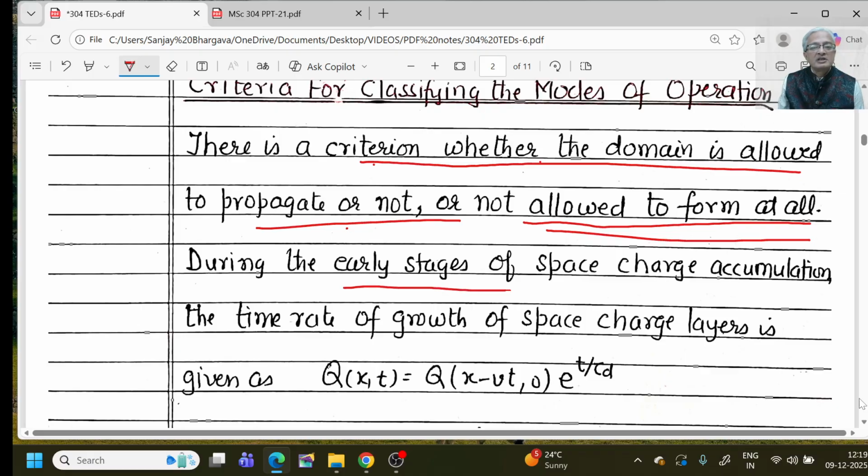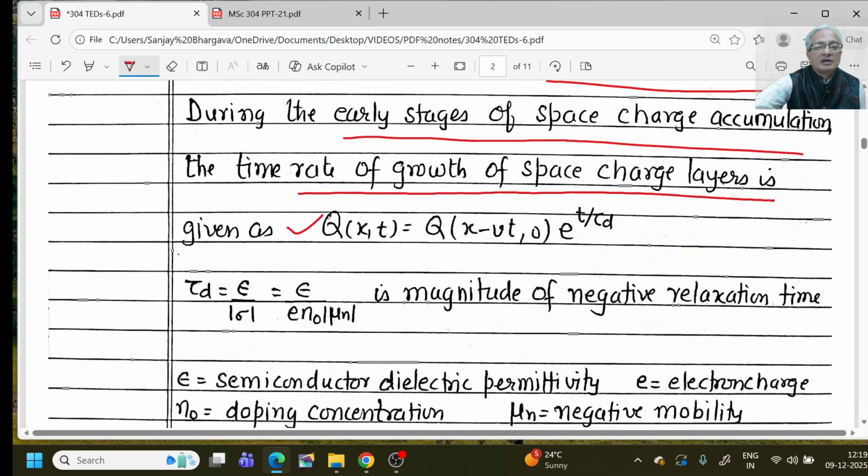During the early stages of space charge accumulation, the time rate of growth of space charge layer is given by the equation Q(x,t) equals Q(x minus vt, 0) e to the power minus t upon tau d, where tau d is epsilon upon sigma, that is epsilon upon e n0 mu n, the magnitude of the negative relaxation time.